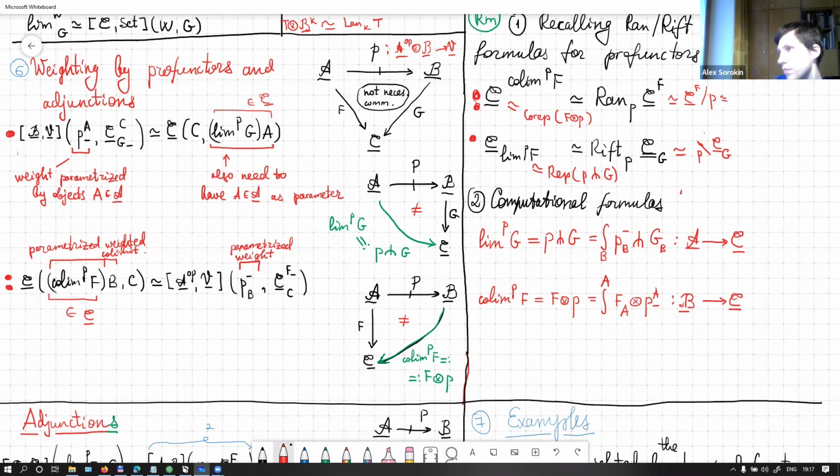Taking a limit will change the domain of a functor G. So we have a functor G starting from B landing in C, and we change the domain from B to A. And when we are talking about colimits, we are again changing the domain of a functor, but in a different way: contravariantly for limits and covariantly for colimits.